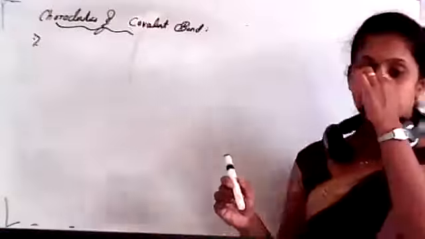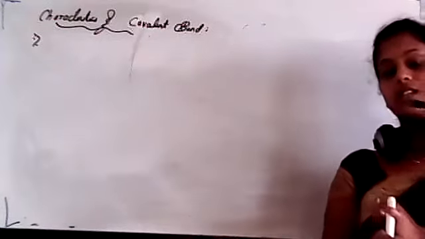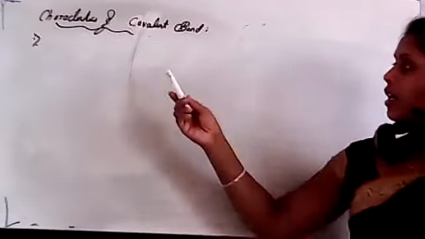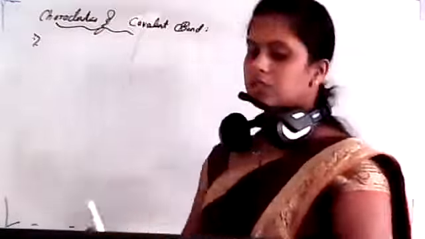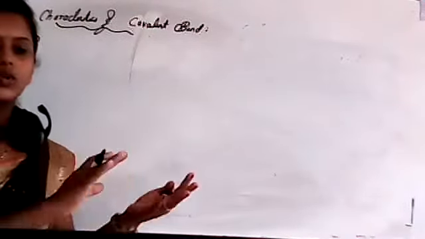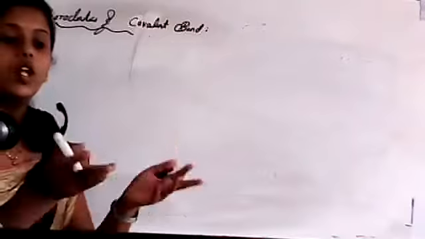What are the characteristics of ionic bond, student? With respect to its conductivity, with respect to its solubility, we explained, isn't it? When we consider characteristics of covalent bonds, the first condition is: is it soluble or insoluble in water, student? Just tell me, soluble or insoluble?